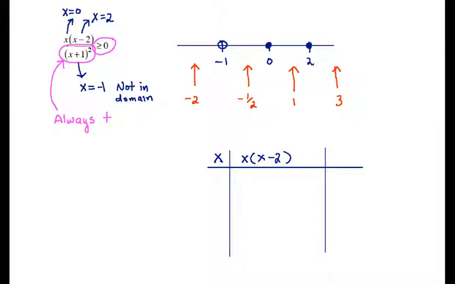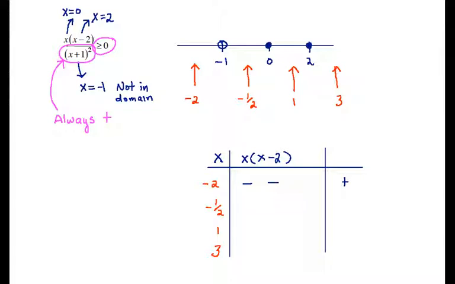Okay, so my x values that I'm going to test are -2, -1/2, 1, and 3, and I've already determined that I can just look at the non-squared factors for the sign analysis. The factor x is negative, the factor x minus 2 is negative, and therefore we have a positive product.